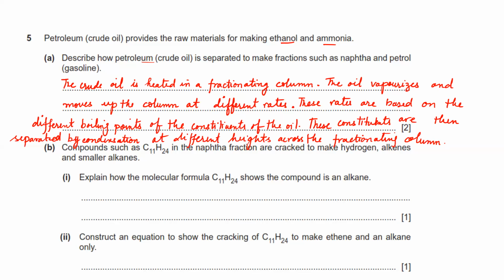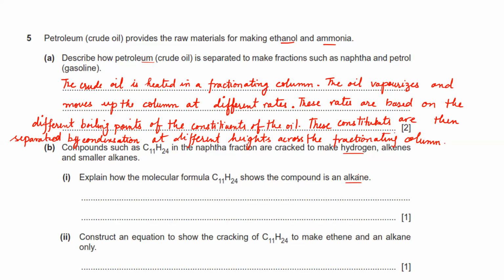Then part B, it says compounds such as C11H12 in the naphtha fraction are cracked to make hydrogen, alkenes and smaller alkanes. It says explain how molecular formula of C11H12 shows a compound is an alkane.